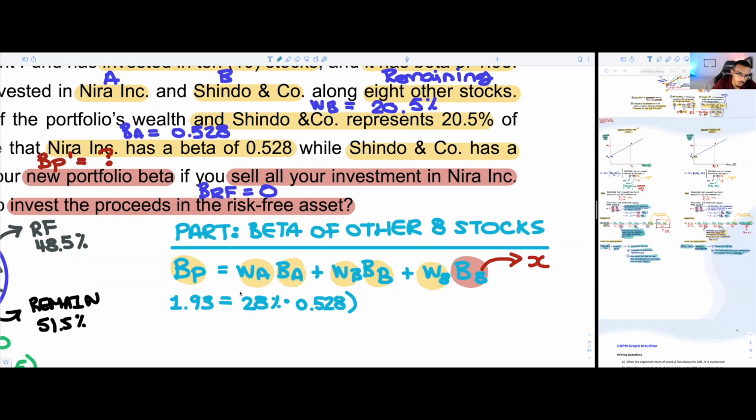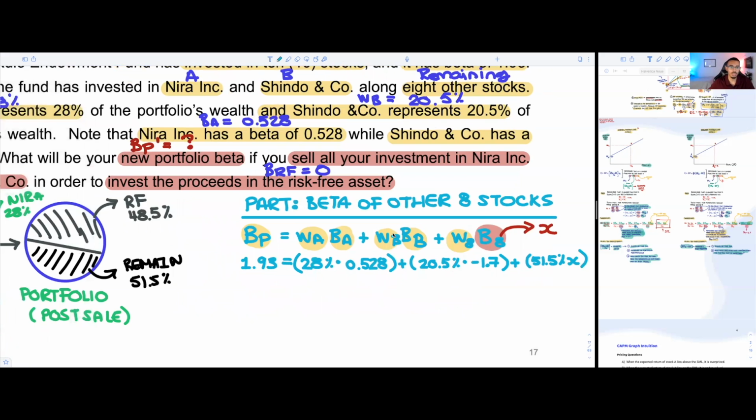So that's going to be one portion. Then we have the weight of B times the beta of B, which is 20.5% times its beta, as follows. Then we're going to have 51.5% multiplied by X.